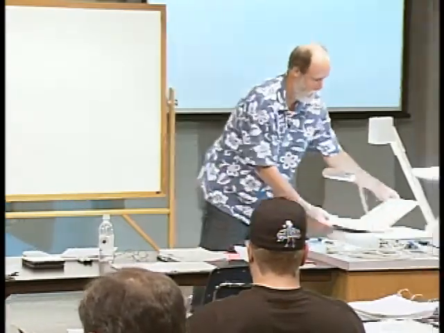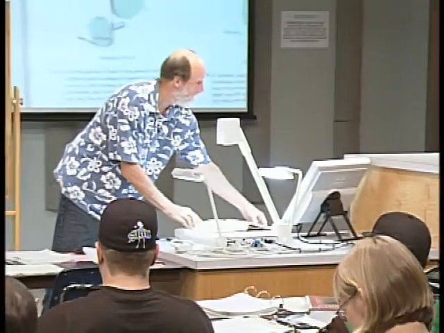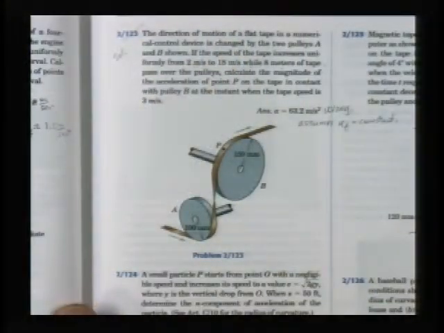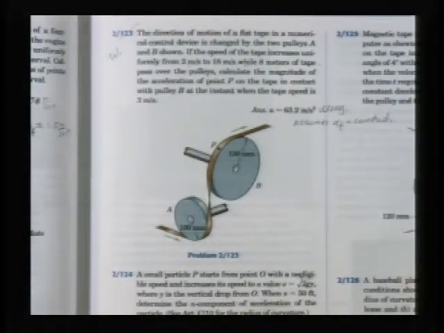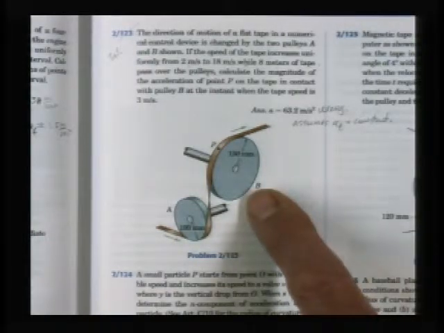This is back on page 65 in the textbook. And this will be a good review concept for you. I gave you a handout, but I don't believe I spent class time on it with you. Yeah, this is number 123 on page 65. This is the tape drive problem.